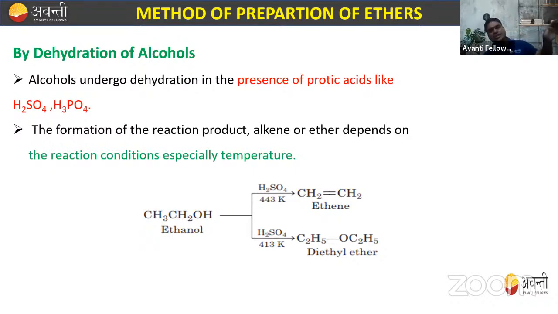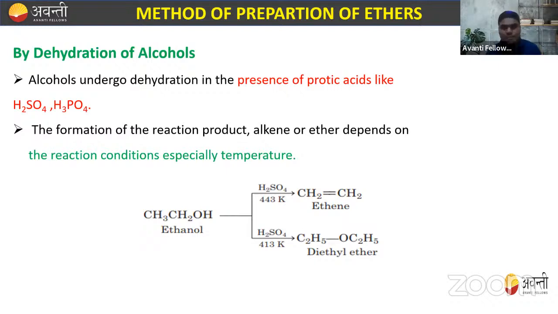That is the reaction of ethanol at different temperatures. At 383, we get diethyl sulfate. At 413, we get ether. And at 443, we get alkene as well, right? So basically, alcohol undergoes dehydration in the presence of protic acid like H2SO4 and H3PO4. The formation of the reaction product, alkene or ether, depends on the reaction condition, especially on the temperature.